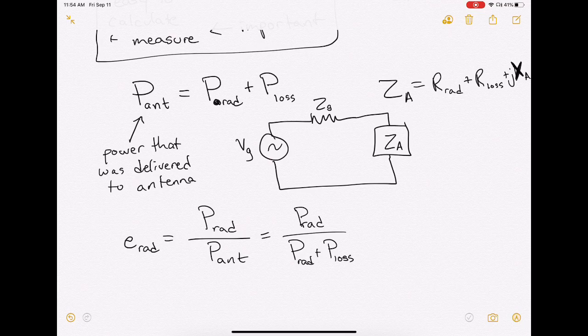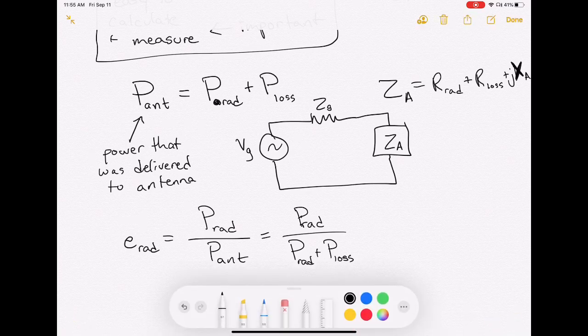And that's fine. And since the same current is going through everywhere in this circuit, since it's a series circuit, and power is 1/2 the real part of, oh, it's not even, back up.